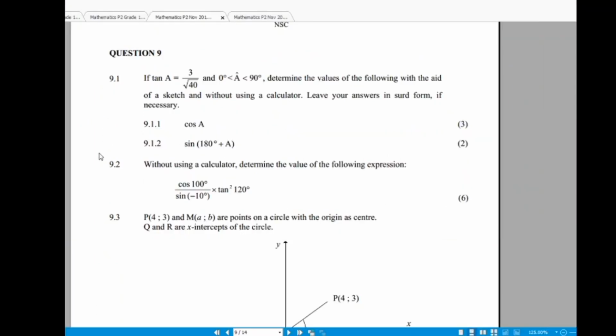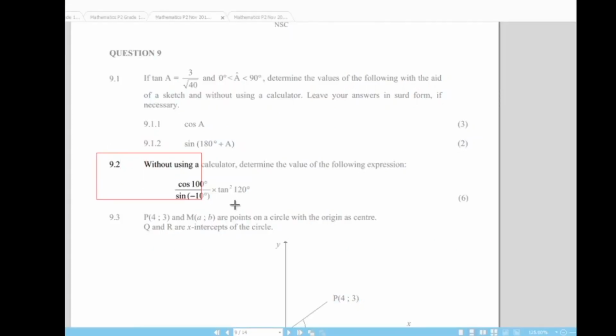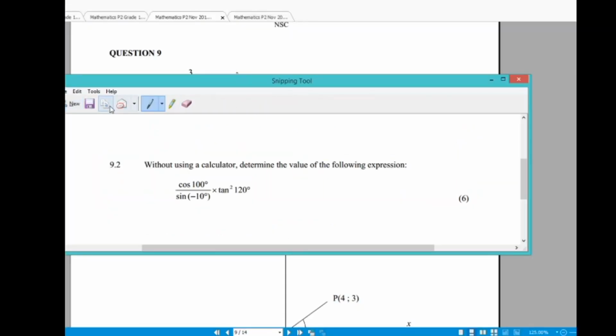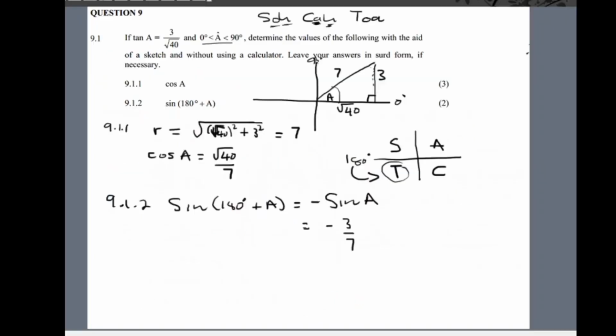9.2. Okay, let us create space for 9.2 here.